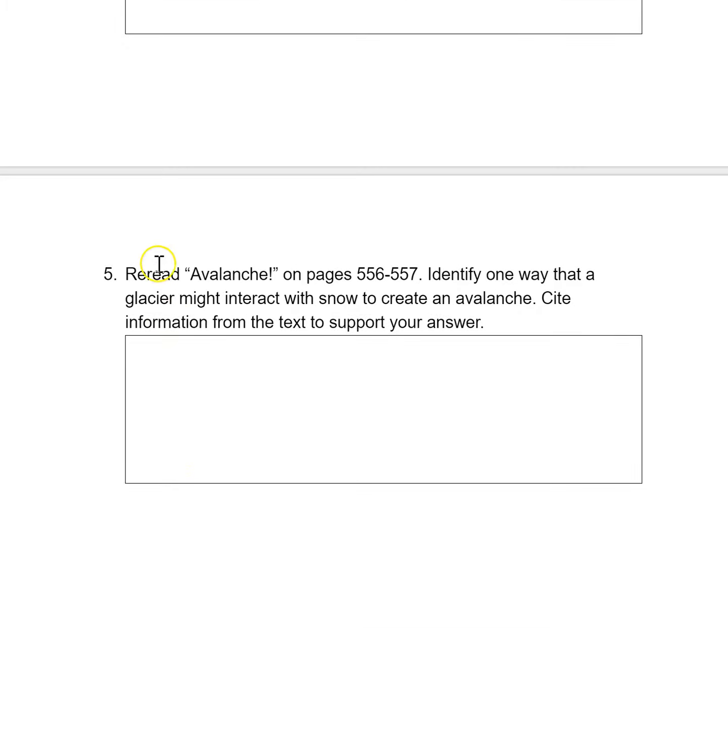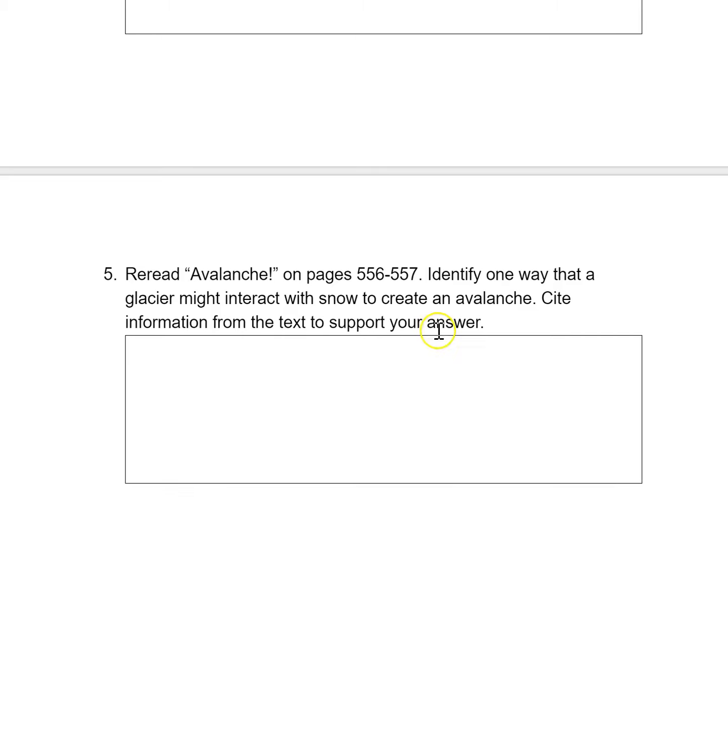Okay, number 5, reread Avalanche. That was a short story we read yesterday. Reread it or re-listen to it. Identify one way that a glacier might interact with snow to create an avalanche. So we go back to the short story Avalanche. And it starts off, you can find it right there, a huge chunk of ice the size of a school bus breaks off from a glacier.